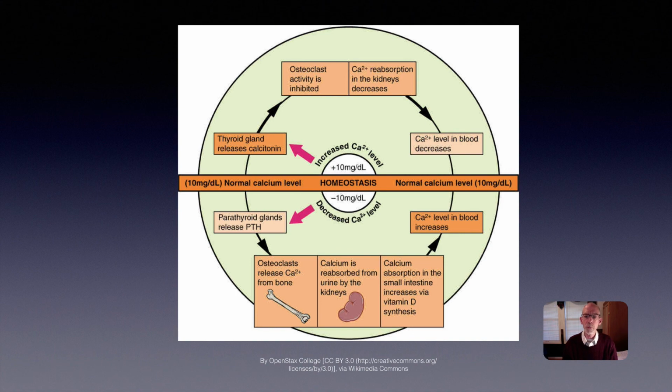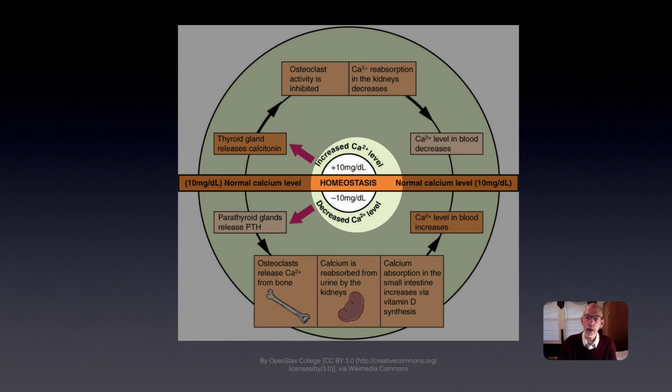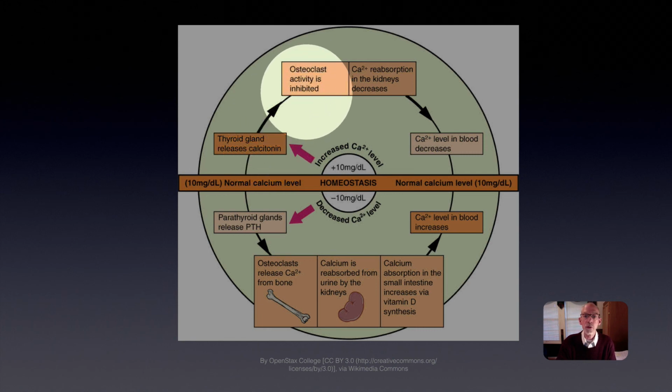So here's a picture out of your textbook that takes a look at both of those hormones. Let's suppose we're in a state of calcium ion homeostasis, but let's say for whatever reason your calcium ion levels go up, and if that happens, then the thyroid gland secretes calcitonin. It goes to the bone tissue and inhibits the activity of osteoclasts.